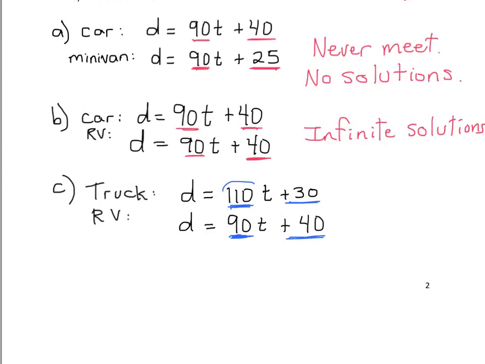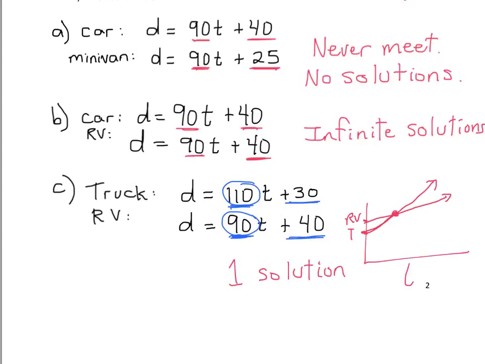Because the slopes are different, the truck is traveling faster than the RV, and therefore it will eventually catch up. If you were to plot them, the truck had a smaller starting point than the RV, but the truck is going faster, so it has a faster rate of change and will eventually meet and pass the RV. So there would be one solution to this system of linear equations, and that's time.